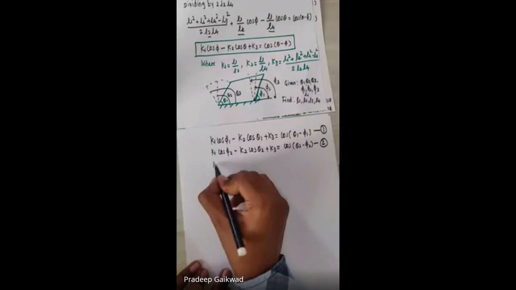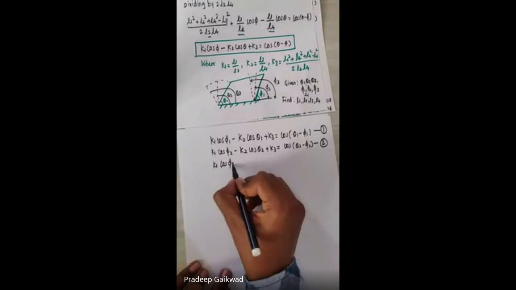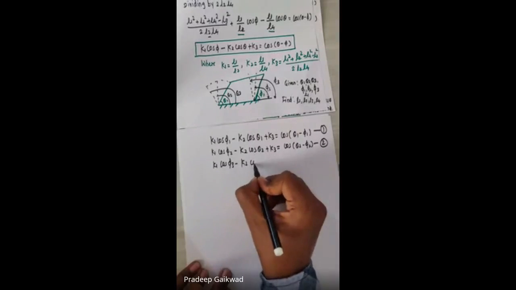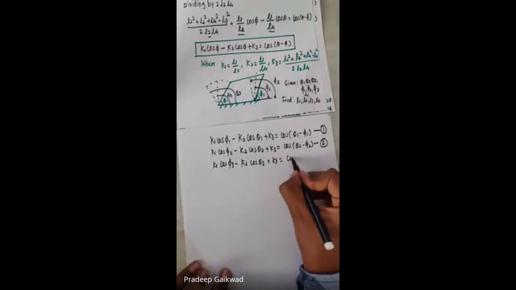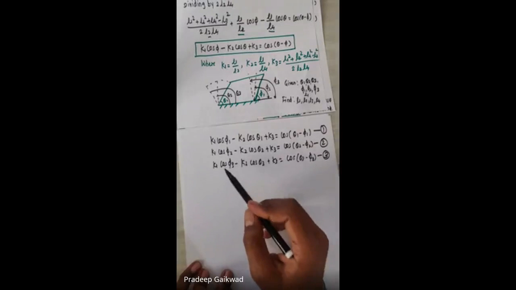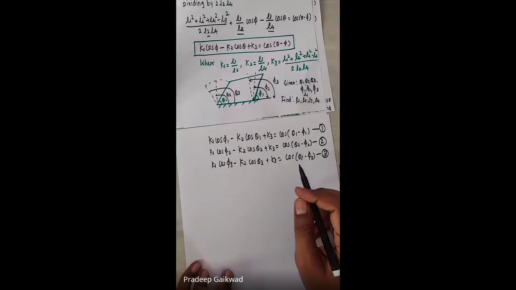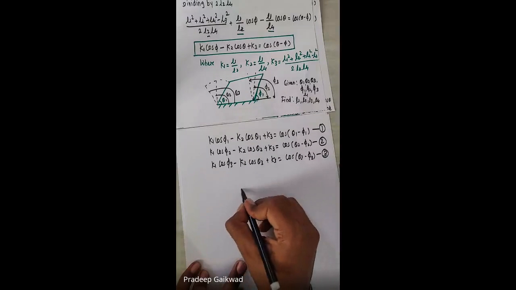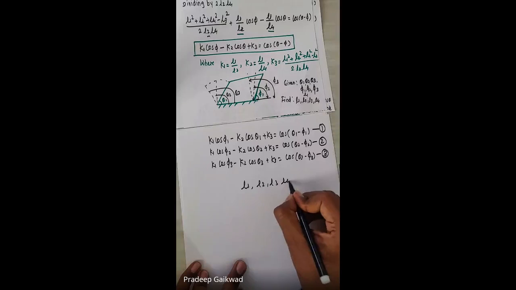And the last one, K1 constant remains the same, angles are changing: K1 cos of phi 3 minus K2 cos of theta 3 plus K3 is equal to cos of theta 3 minus phi 3, equation number 3. As I know angles theta 1, theta 2, theta 3, phi 1, phi 2, phi 3, I can solve these three equations, and by solving them we can find L1, L2, L3 and L4. How can I find this, tell me?